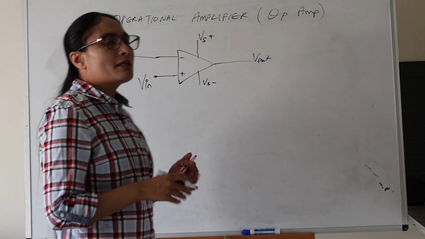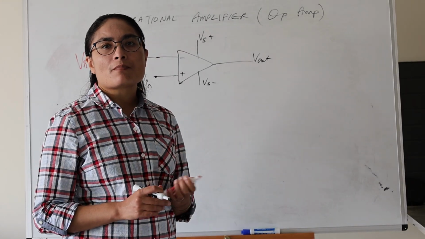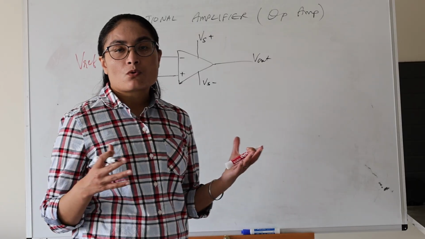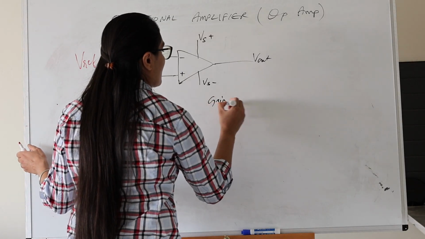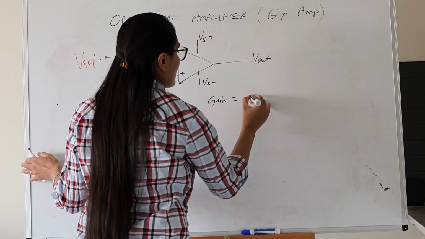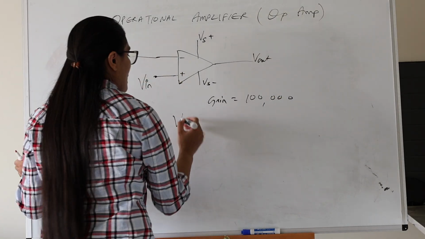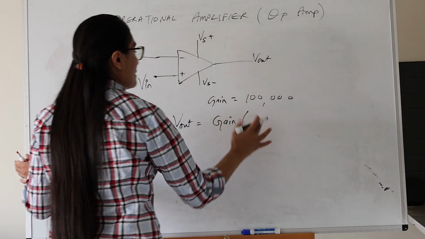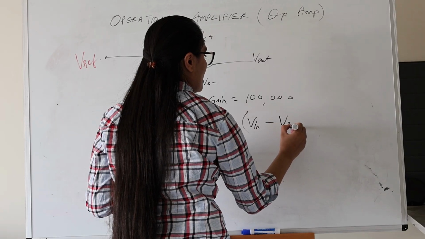According to what we have learned in the previous lecture, we know that for the open loop configuration op-amp, the gain can be on the order of 100,000. Let's say the gain that is possible from here is 100,000, then V out is simply going to be equal to gain times the difference in the input, so V in minus V reference.